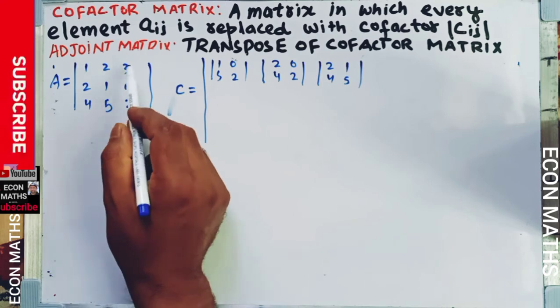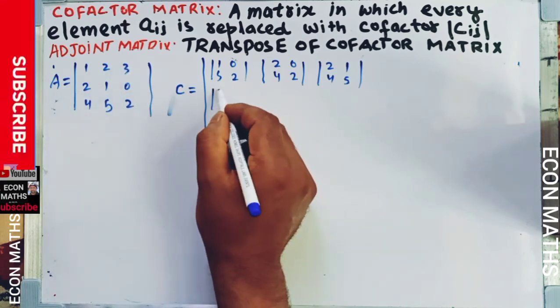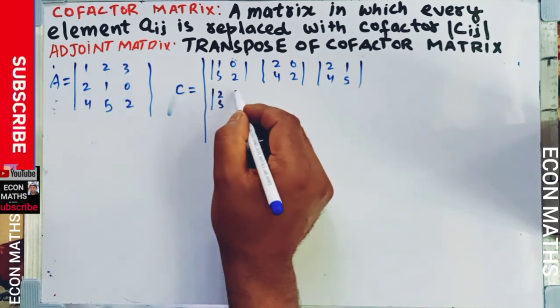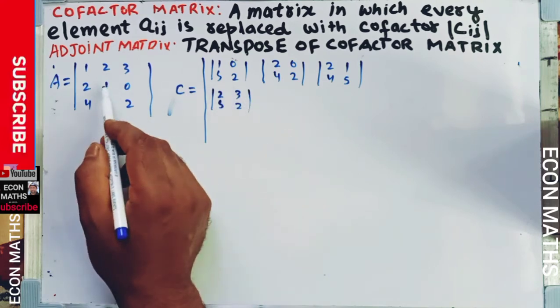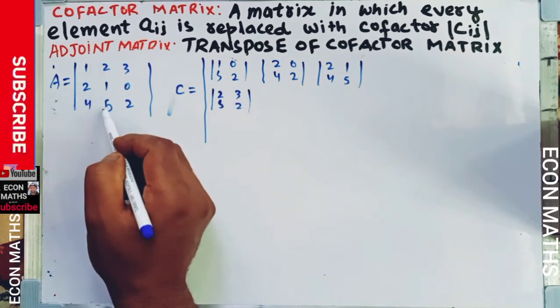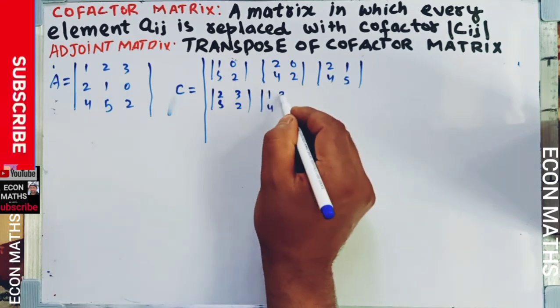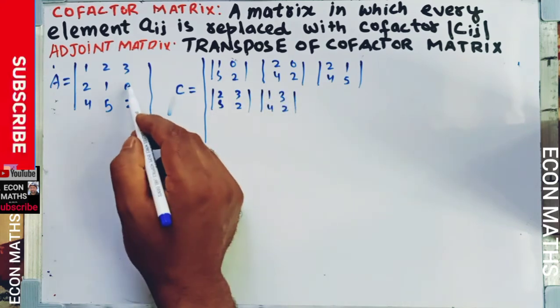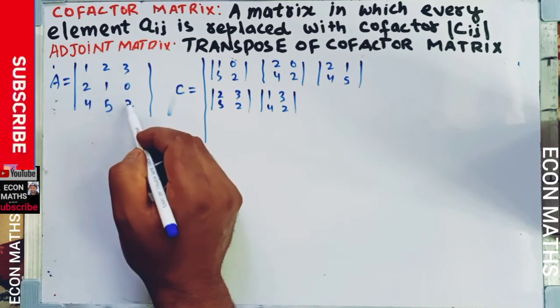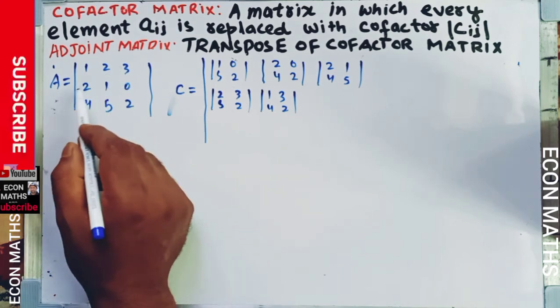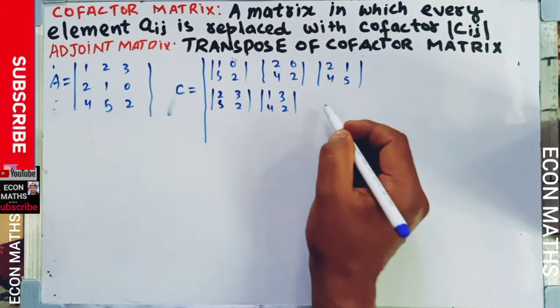The remaining elements are 2 1, 4 5. Similarly, for this 2, we get 2 3, 5 2. Similarly, for 1, we get 1 3, 4 2. Similarly, deleting the row and column, we get 1 2, 4 5.